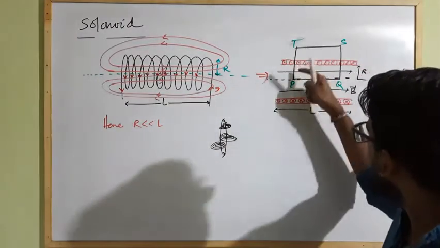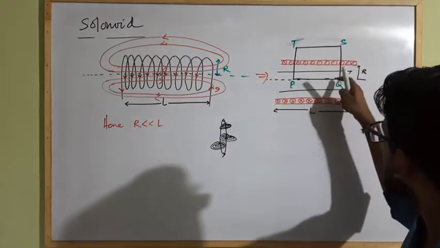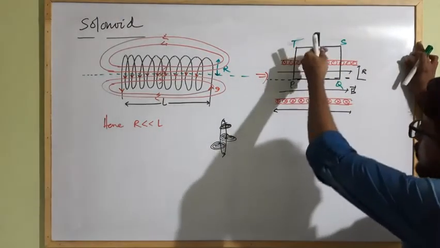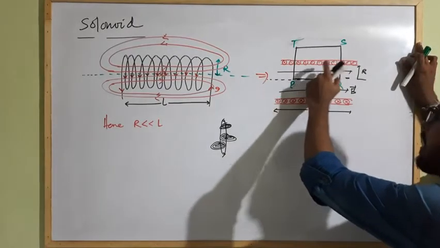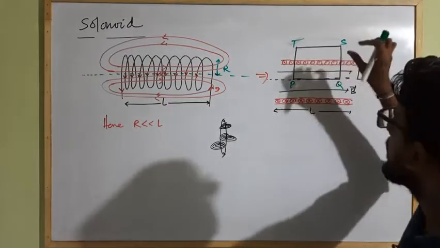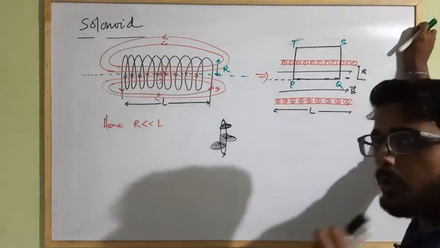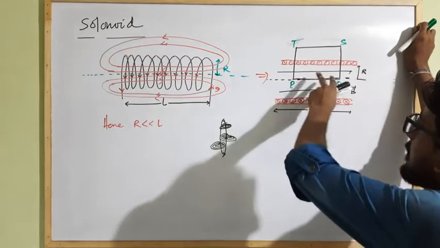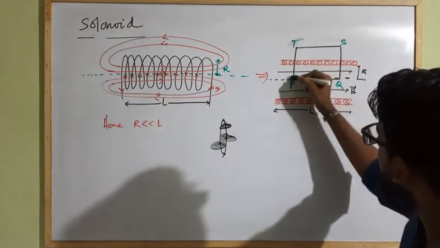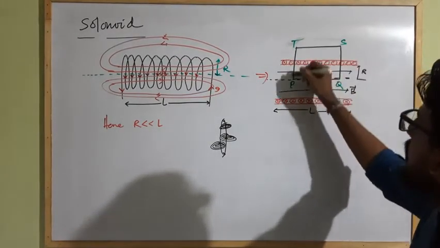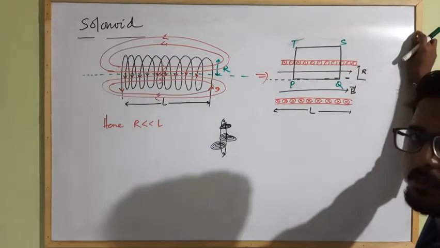So as here the magnetic field strengths are along this direction, if we consider a circular loop, then for the circular loop the angle between dl and the B vector will be perpendicular, but the strength at different points will be different. So for our convenience we are considering an Amperian loop of a rectangular shape.